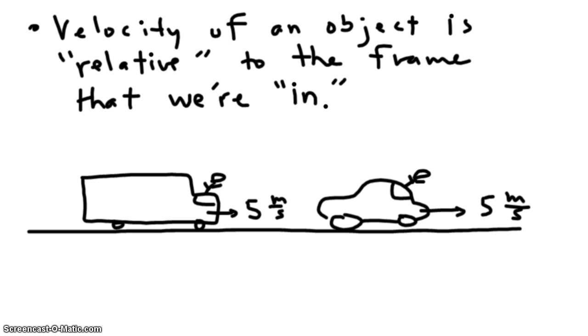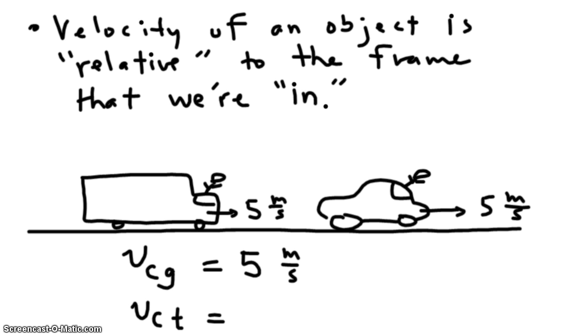Relative to the ground, or with respect to the ground, or in the ground's frame, the velocity of the car is 5 meters per second. But what's the velocity of the car with respect to the truck, or in the truck's frame? If they both move at 5 meters per second, then the distance between them never changes.